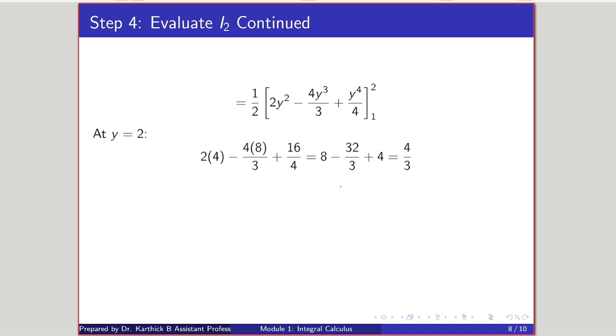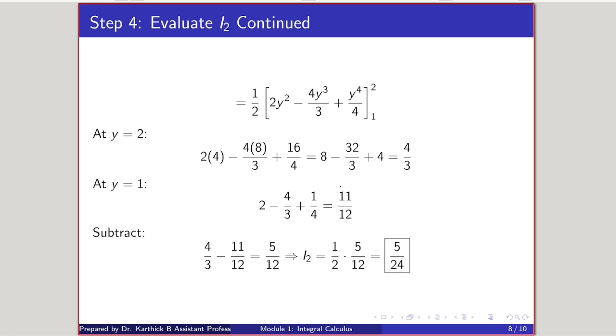For the upper limit y equal to 2, I get the resultant as 4 by 3. For the lower limit, I get the value as 11 by 12. Finally, if I subtract both, I get the value 5 by 12.